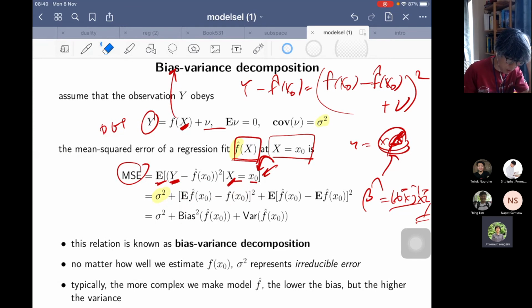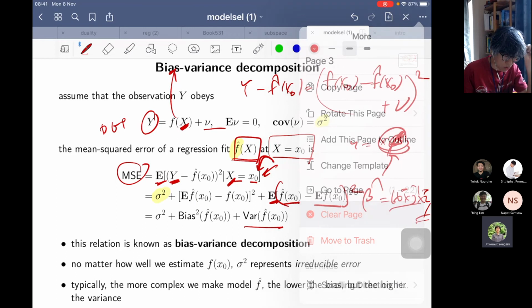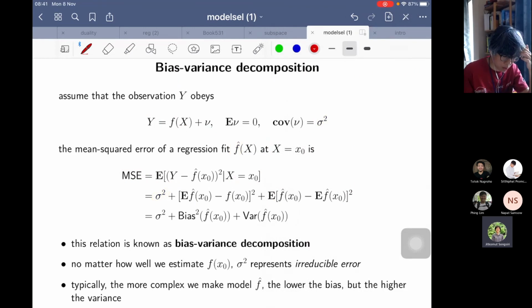The third term is to look at your model output y hat, subtract its mean, make a square and then take the expectation. That is the variance. So we give you the final result first, which we're going to prove shortly. You can always break your MSE into three parts.